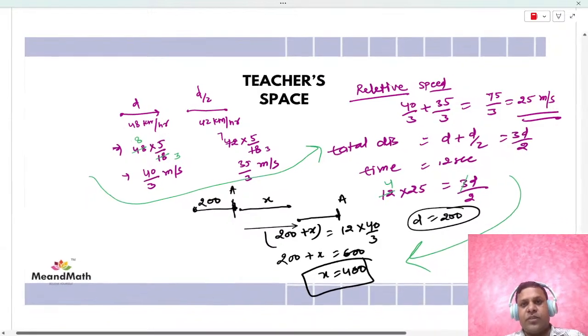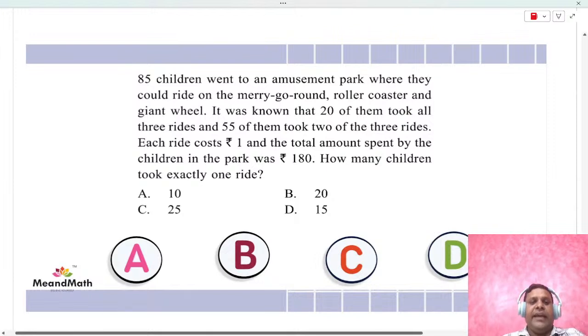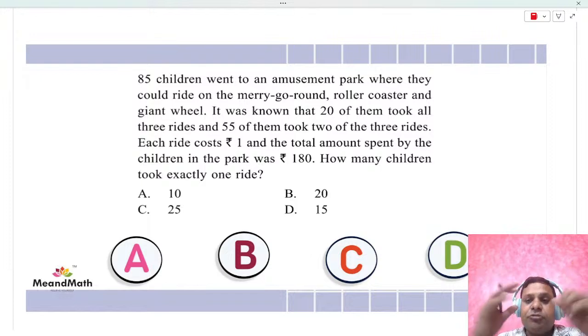Now the last question of the day, last question of the session, that is this. 85 children went to an amusement park where they could ride on the merry-go-round, roller coaster, and giant wheel. तो अम्यूजमेंट पार्क में राइड है.